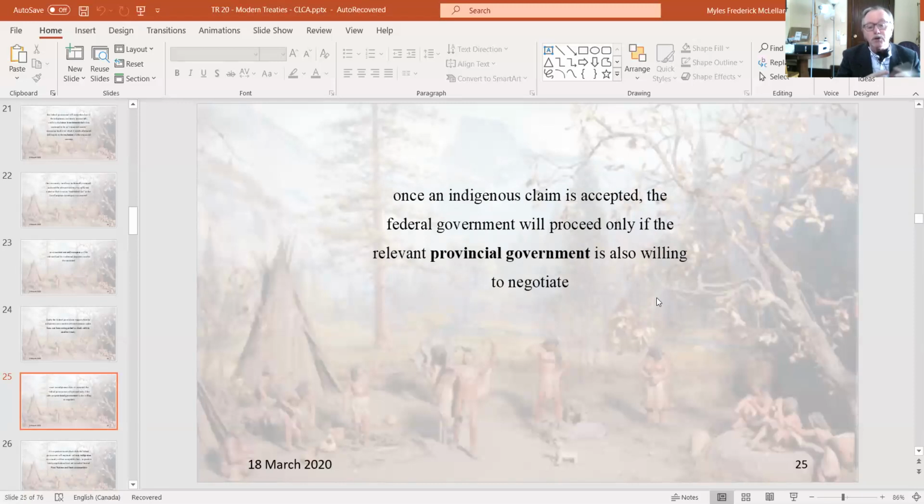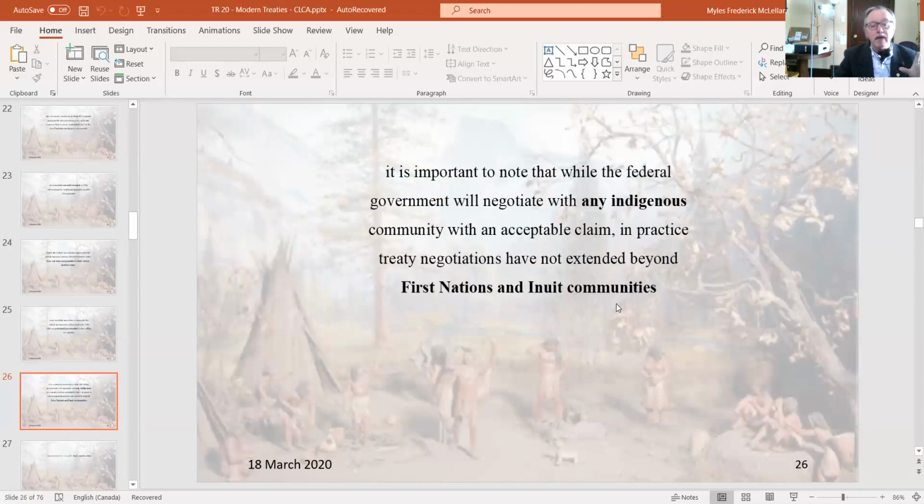So most modern treaties are within the province of British Columbia, and of course, again, Nunavut, which was a tremendous landmass for the purposes of a modern treaty. There are some other small territories, again, in northern Quebec and in the Maritimes.